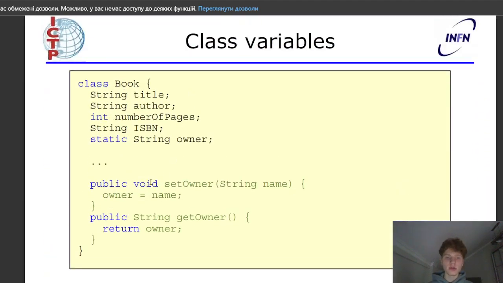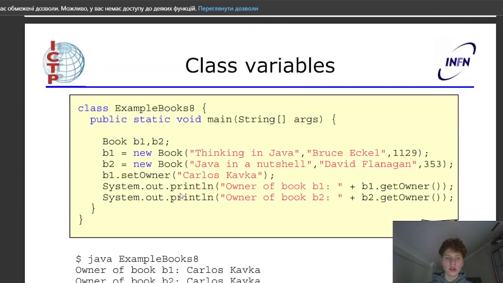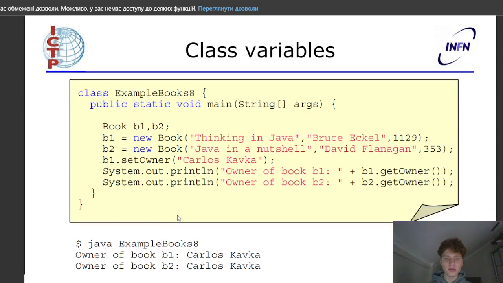Class variables: this one, and this one. And a class variable example: first, second, third.